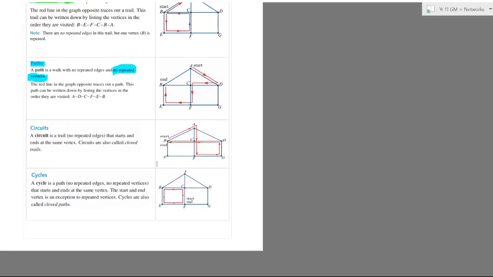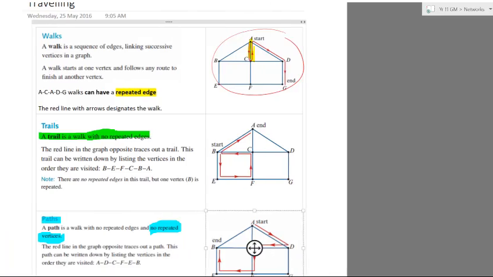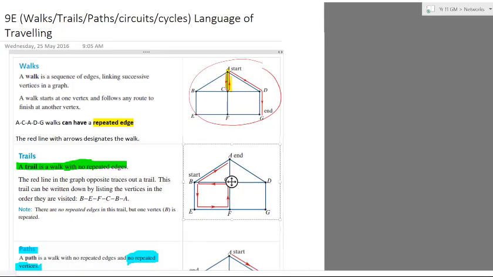Okay, more definitions. A walk is a sequence of edges which can have a repeated edge. So here, A goes to C, C goes to A, then A goes to D, and then D goes to G. So that's classified as a walk.